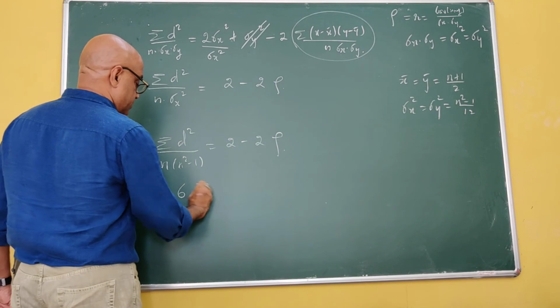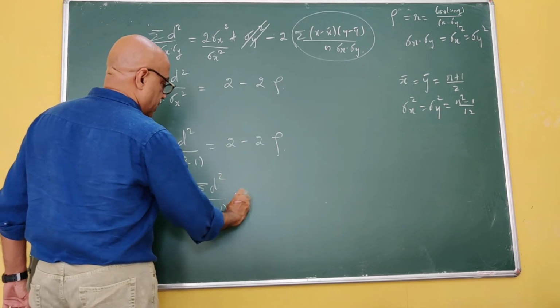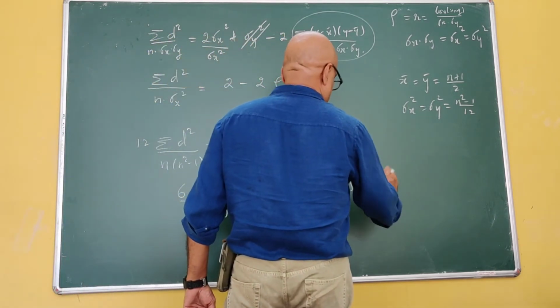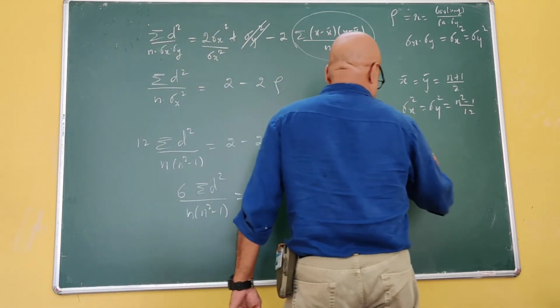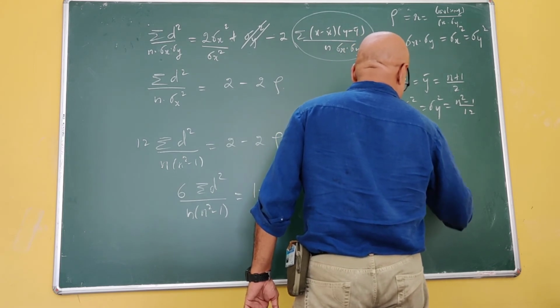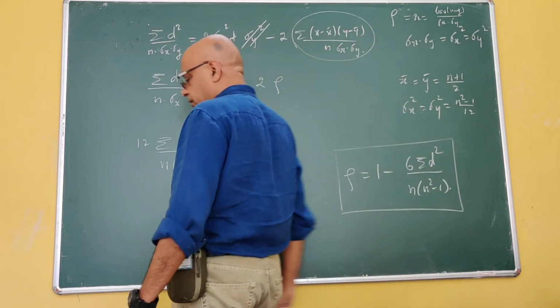Therefore you get 6 times summation d square divided by n square minus 1 is equal to 1 minus rho, and therefore rho is equal to 1 minus 6 times summation d square divided by n into n square minus 1. That is the rank correlation coefficient.